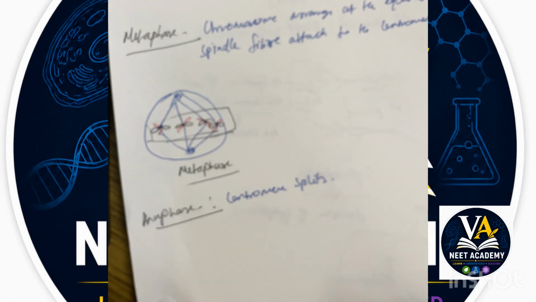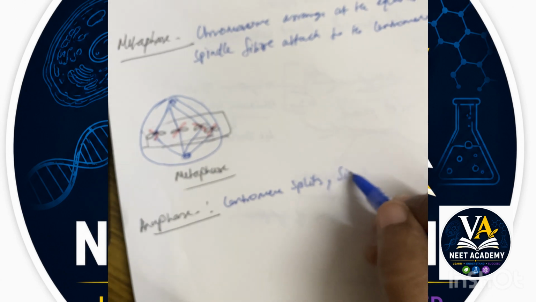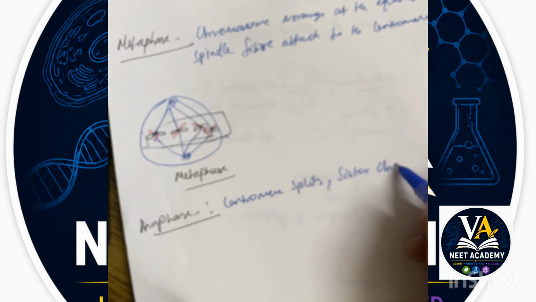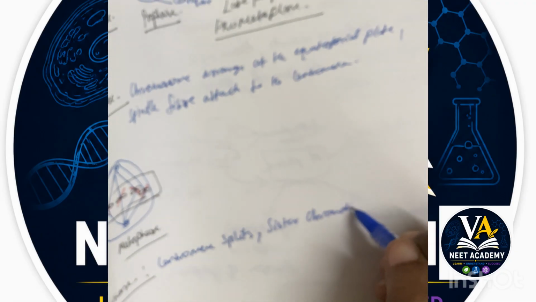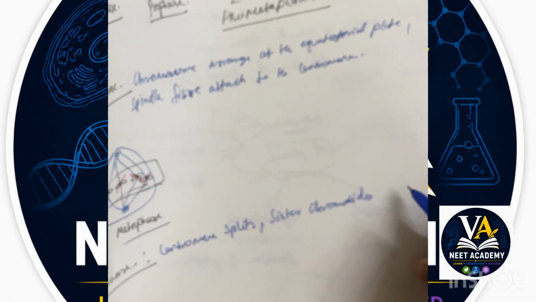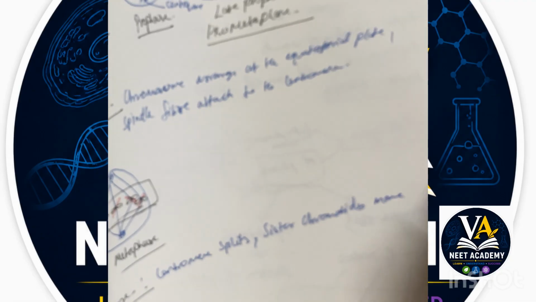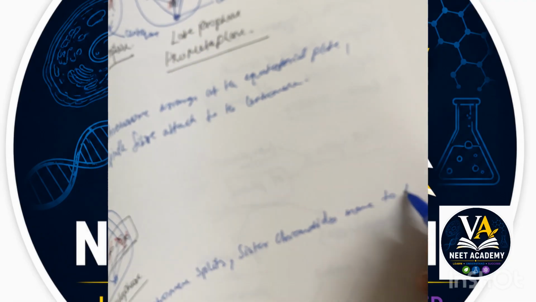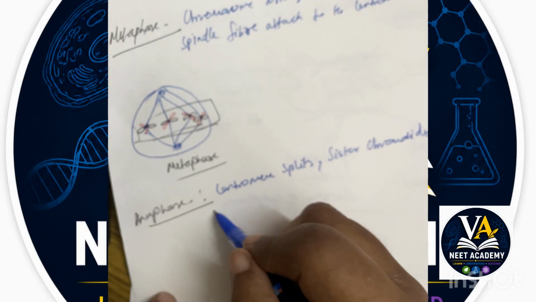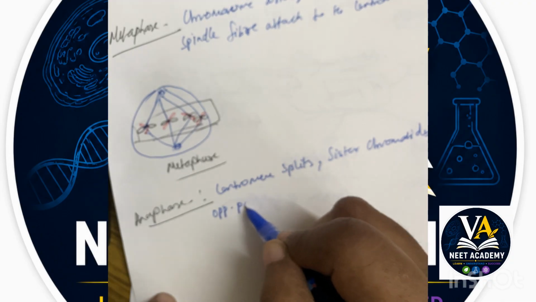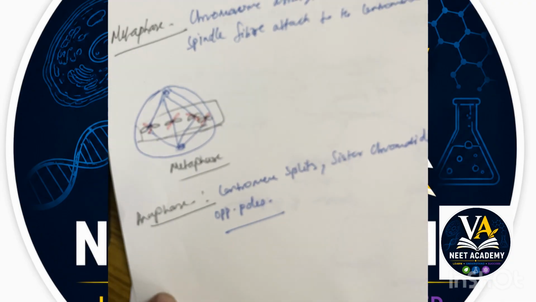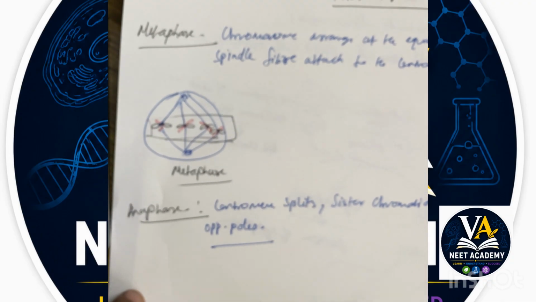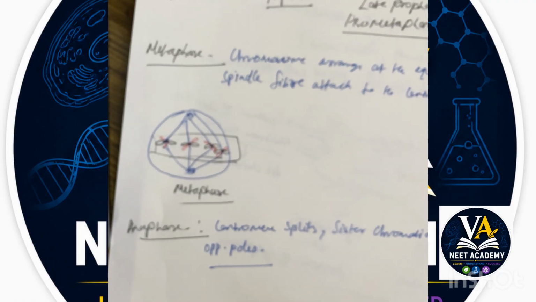Centromere splits and the sister chromatids move to the opposite poles. Now this is what happens in anaphase, a very important stage.